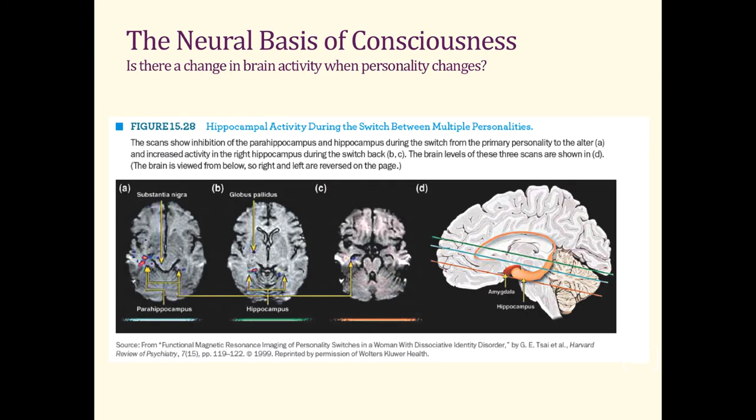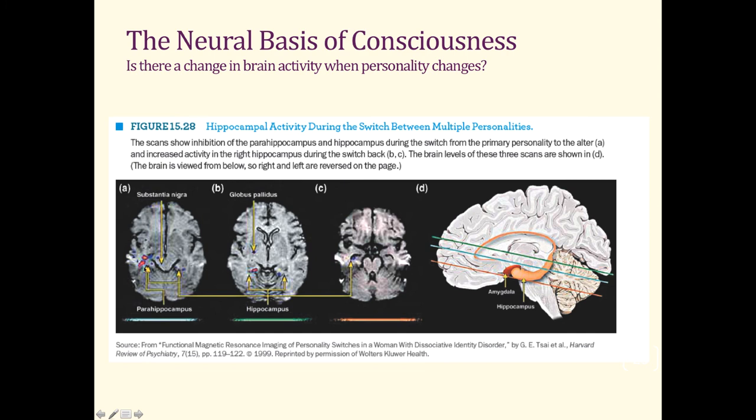In addition, activity in the hippocampus seems to be associated with a very intriguing phenomenon, that of a personality change in dissociative identity disorder. So here we're looking at scans showing inhibition of the parahippocampus and the hippocampus.